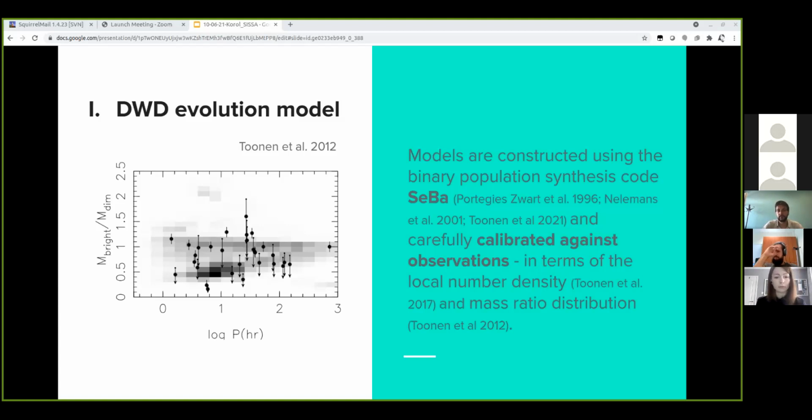So you have the logarithm of the orbital period on the x-axis and the mass ratio on the y-axis. Our models are in gray, and the black points here are observations that were available in 2012. And you can see that the two nicely overlap.